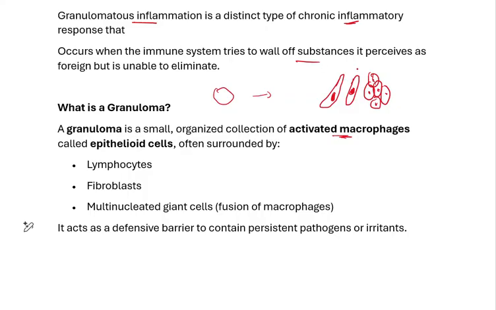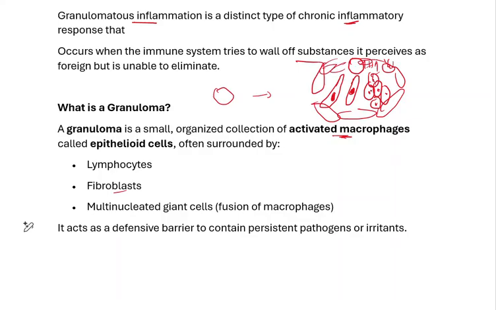And around there, we're also going to have our TH1 cells, because TH1 cells are also involved in the activation of this macrophage, which we're going to see in a second. And then because of the chronicity, fibroblasts will also be seen around the granuloma, because the fibroblasts will start to make what? Fibrosis, right?